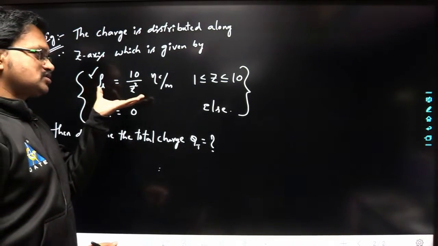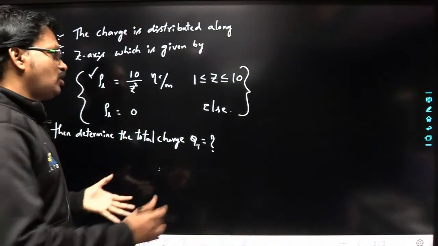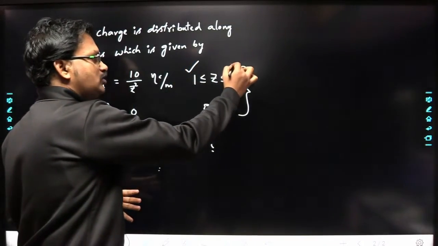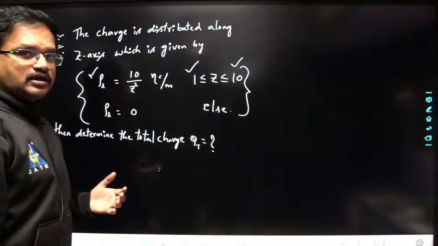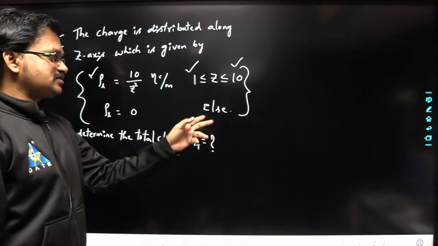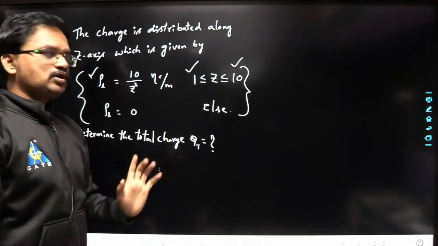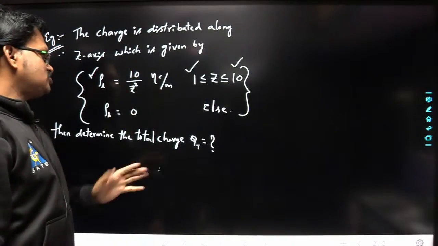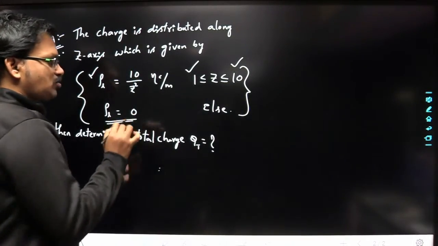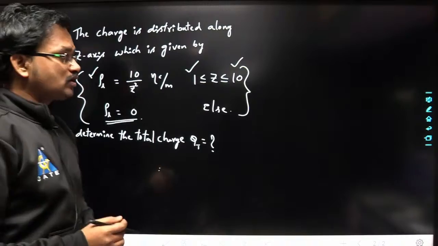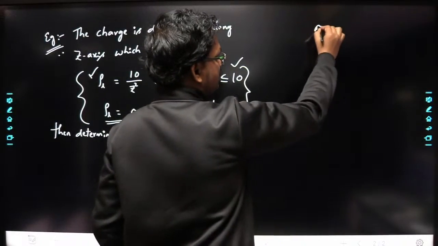This charge is distributed over a length from z equal to 1 to z equal to 10. In the remaining regions, the charge density is equal to 0.